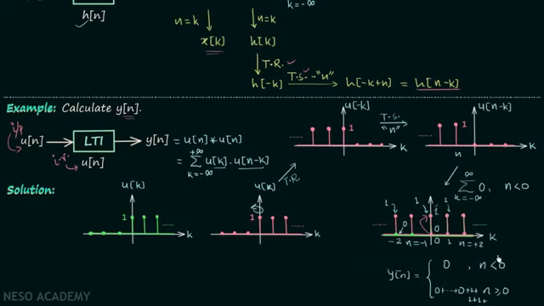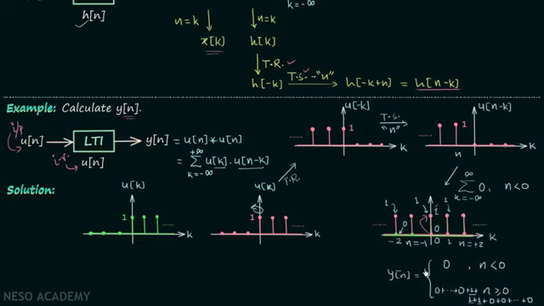And after that, when k is equal to 3, u[k] is 1, but u[n minus k] is now 0. And it will remain 0 up to k equal to plus infinity. So again, we have so many zeros followed by 1. Now when you add them up, you will get 3. 1 plus 1 plus 1 will give you 3.